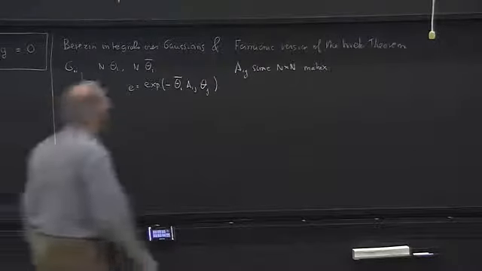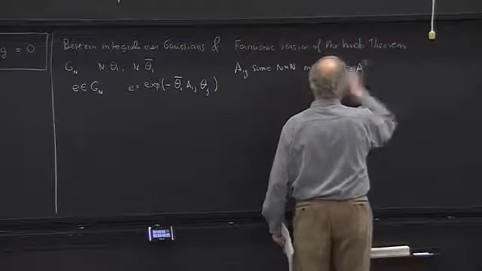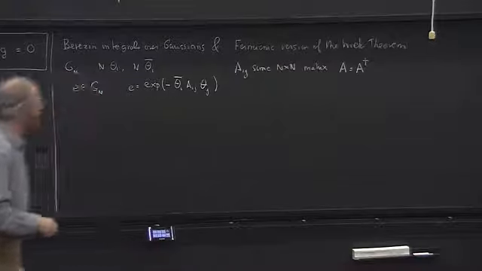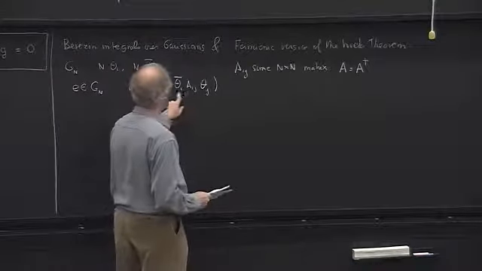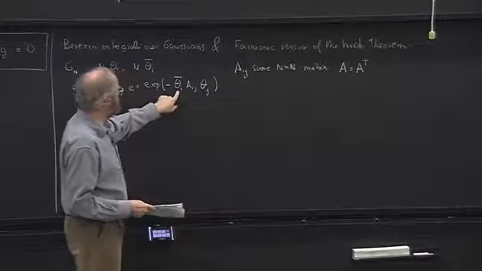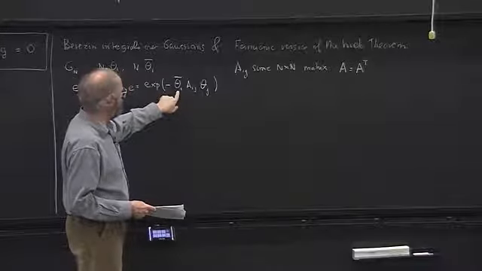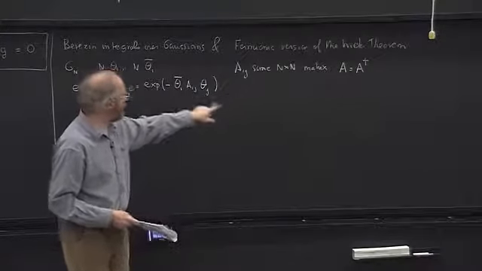And let me take it to be self-adjoint. You can define that for a general matrix, but if you use the anti-commutation relation, only the antisymmetric, the Hermitian part of A matters.